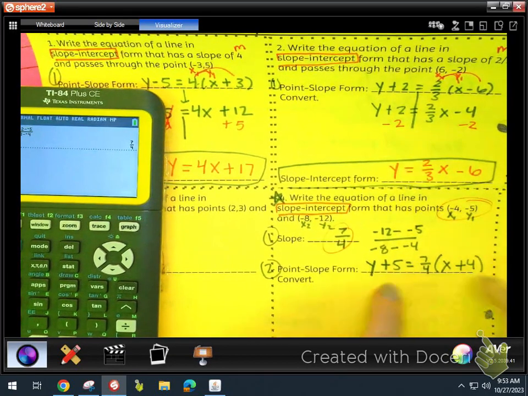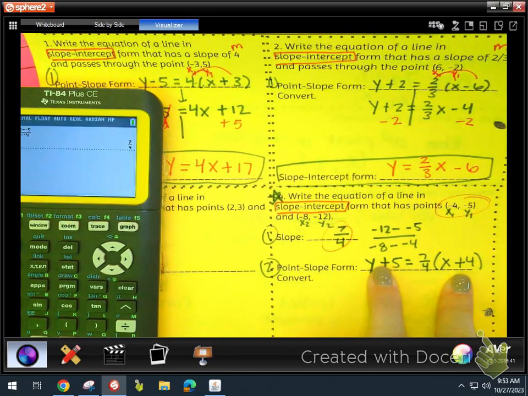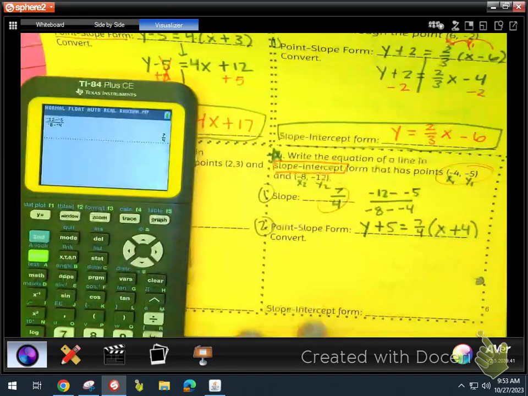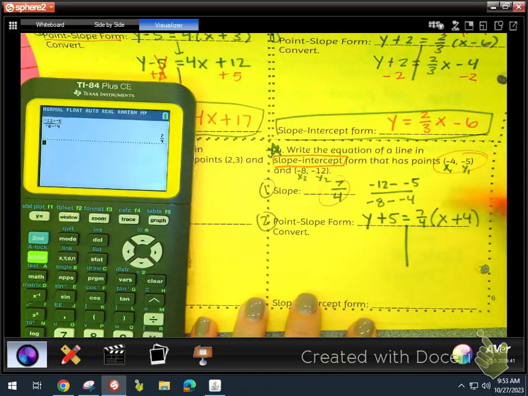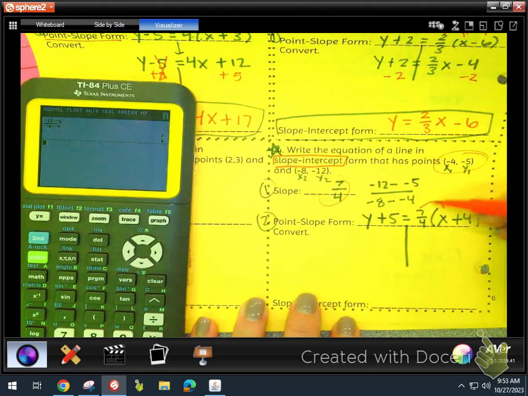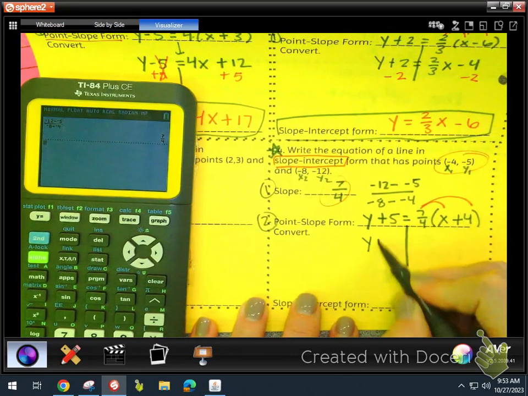Okay, this has to be right, or else this other guy is not going to be right. This is old. This is what we did last class. Now we got to convert it. Only thing new today. Draw your line. How do you convert it? Distribute. Yep.